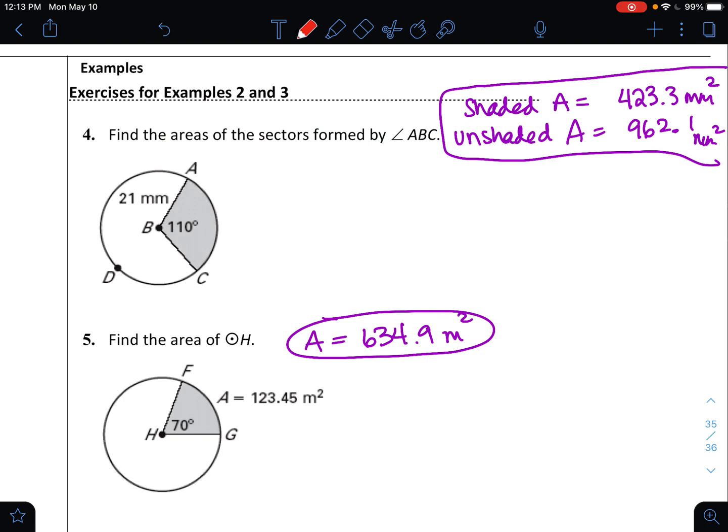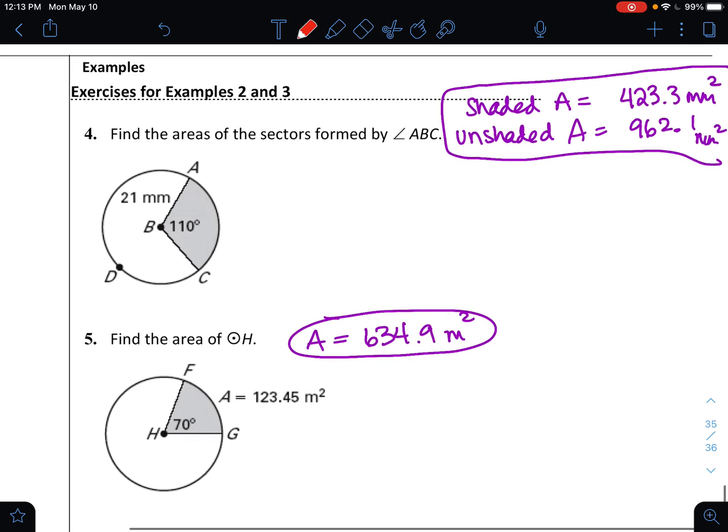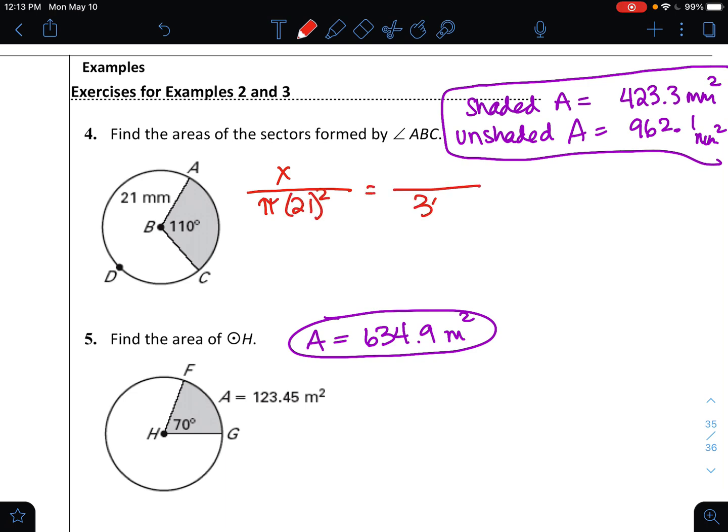Okay, let me go through the first one, shaded area. I don't know the shaded area. So the area of the circle is pi r squared over degrees. So I know 360, and this would be 110.